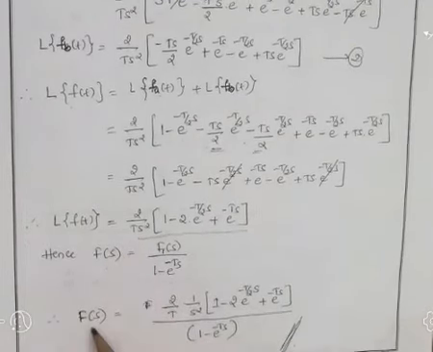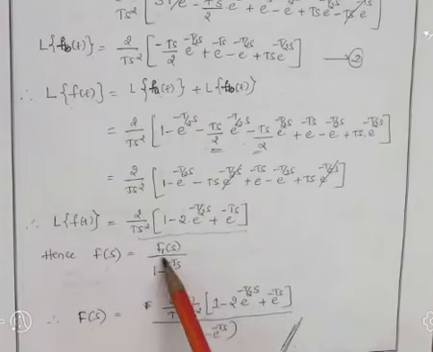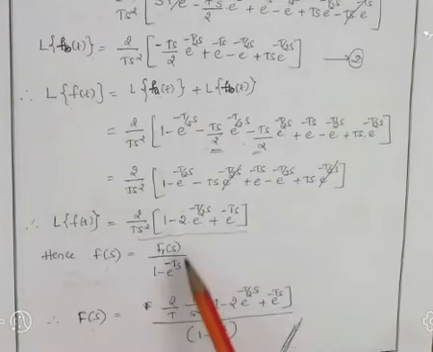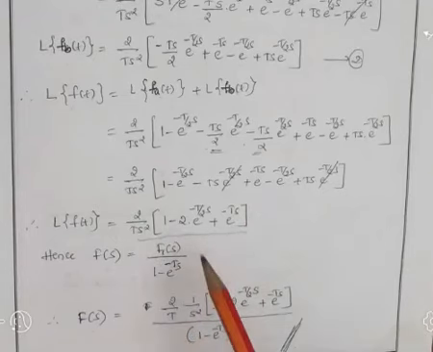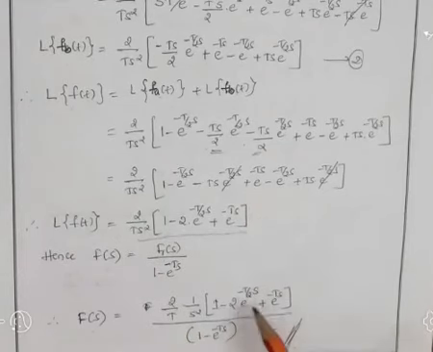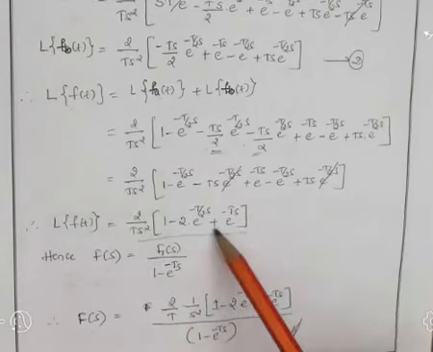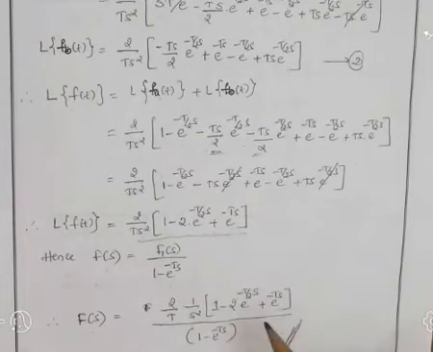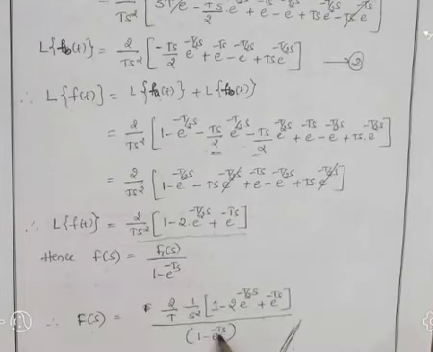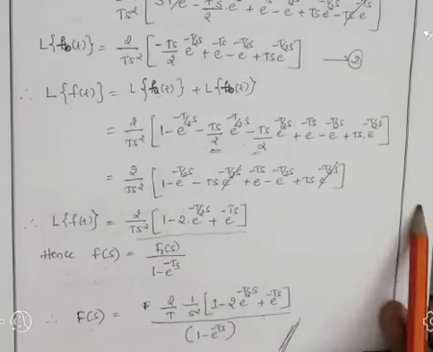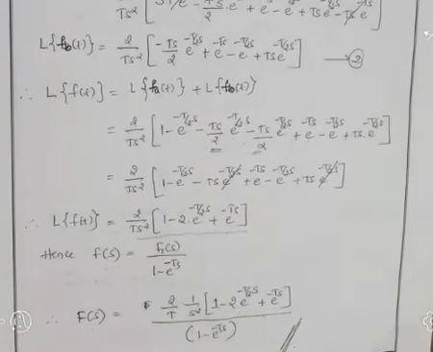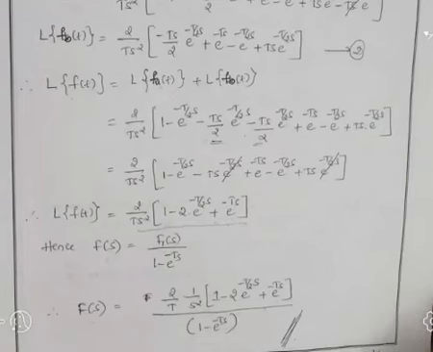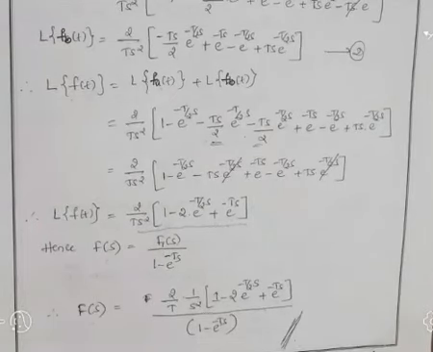F of s equal to f1 of s, which is calculated: 2 divided by T s square into 1 minus 2 e to the power minus T by 2 s plus e to the power minus Ts. This is f1 of s divided by 1 minus e to the power minus Ts, where T stands for the period. Hence we calculated the Laplace transform of the periodic function. Likewise, we have to calculate the Laplace transform for the given periodic function.